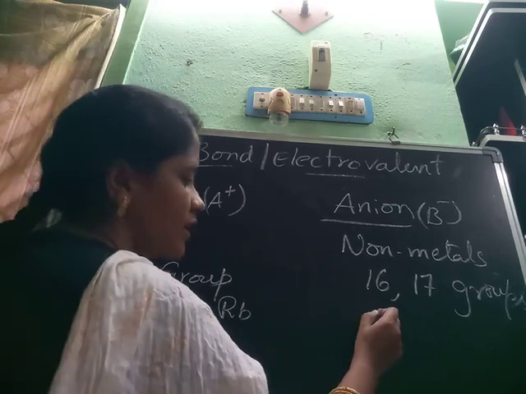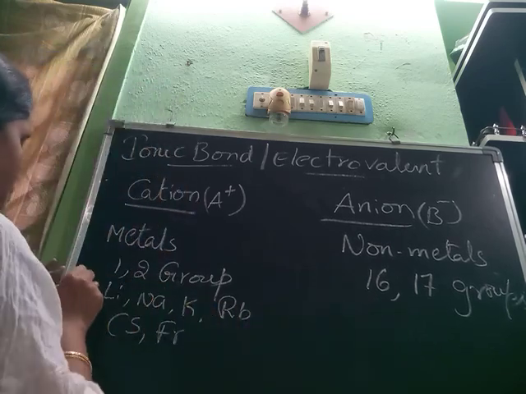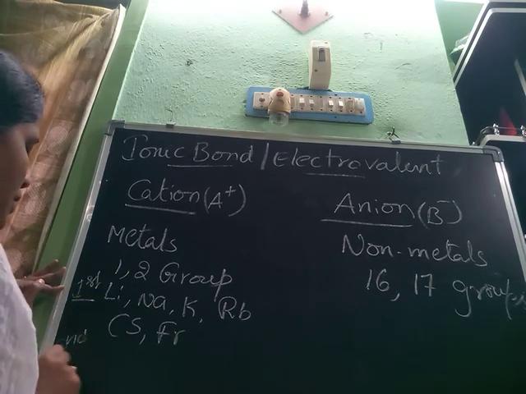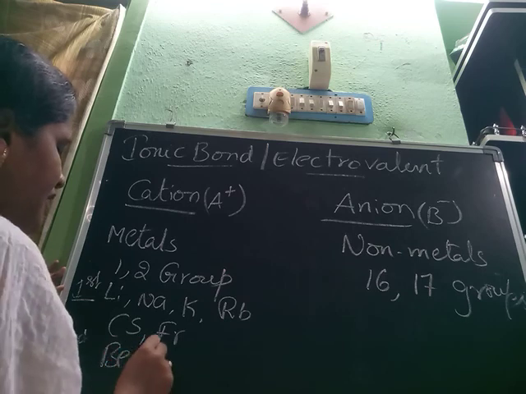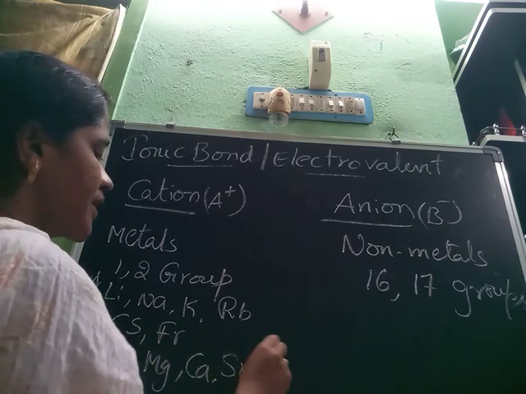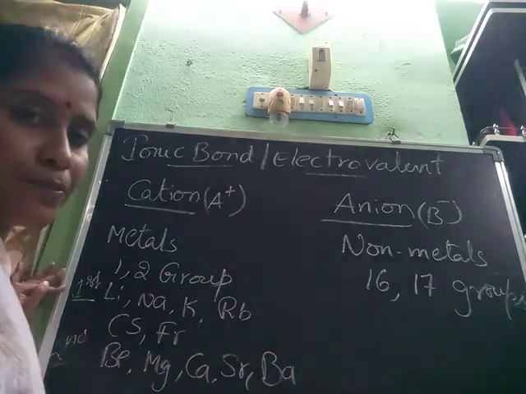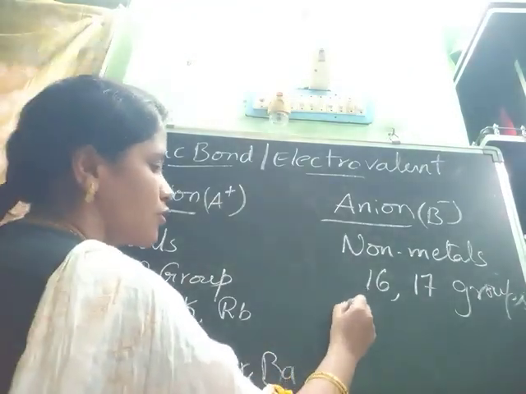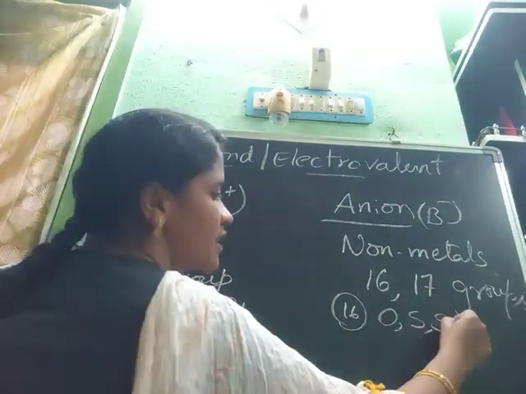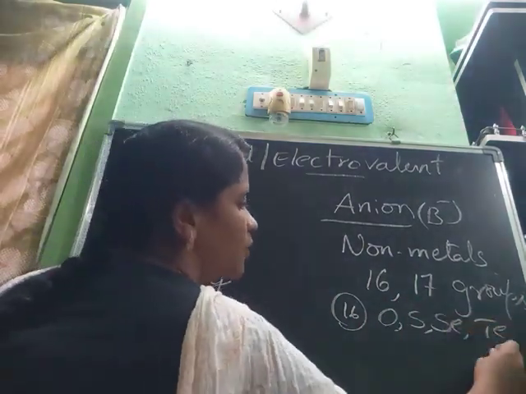The second group: beryllium, magnesium, calcium, strontium, barium, radium. The 16th group: oxygen, sulfur, selenium, tellurium, polonium.